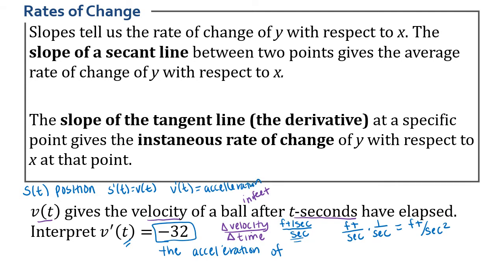So the acceleration of the ball is always negative 32 feet per second squared.